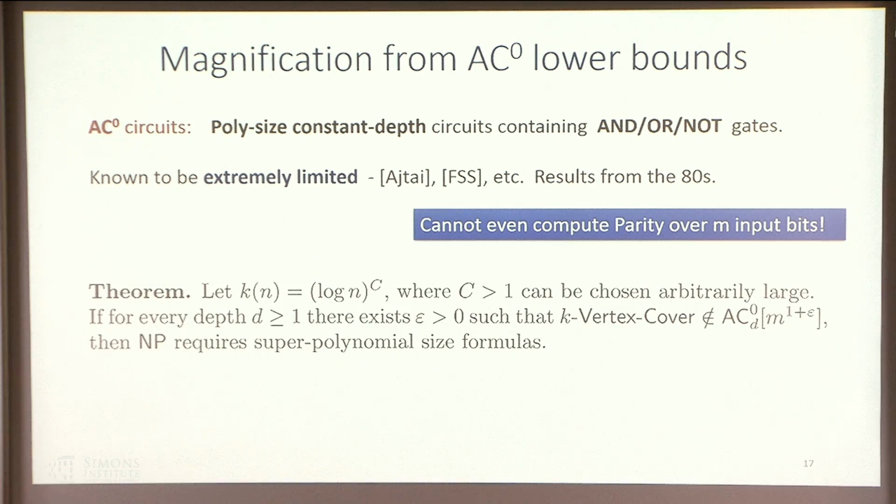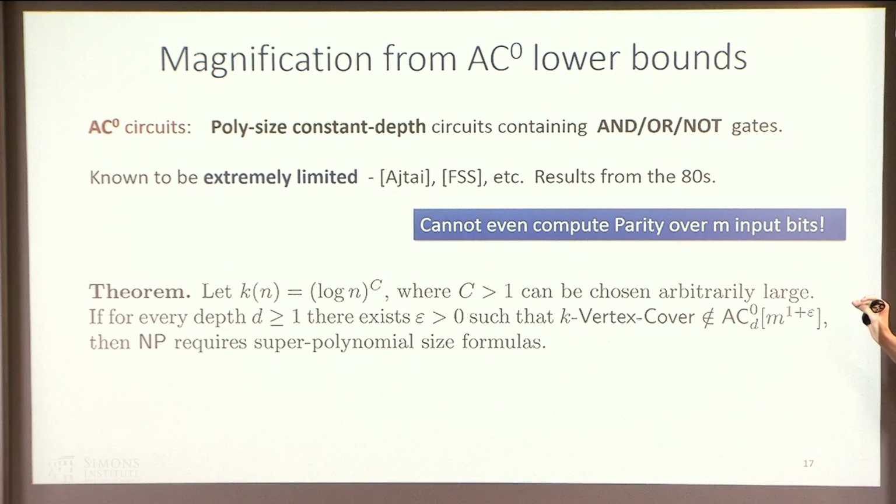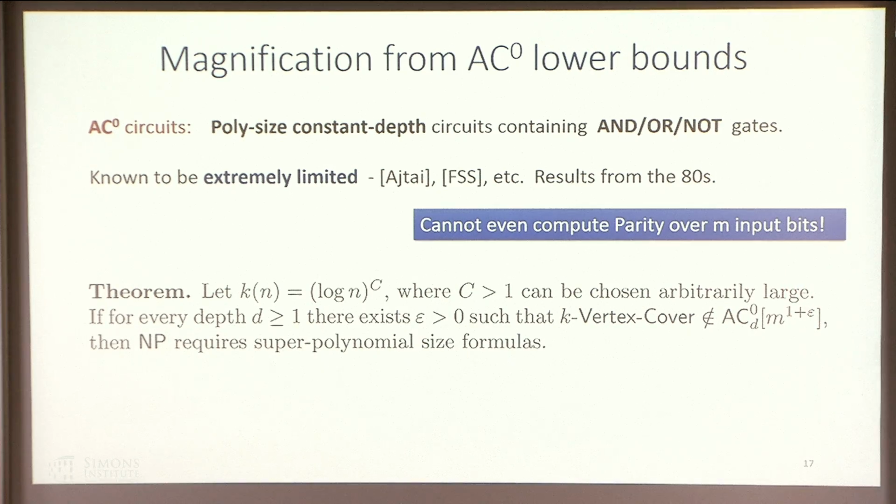And we show the following. Let k be (log n)^c, where c is a large constant that we can pick. If for every depth d there exists an epsilon such that k-vertex cover cannot be computed by almost linear size circuits of depth d, then NP requires super polynomial size formulas.